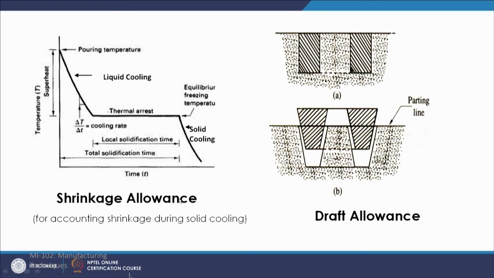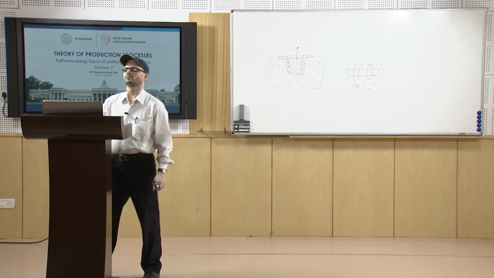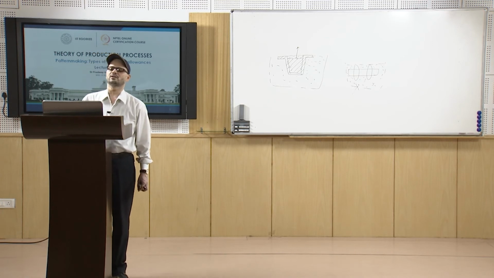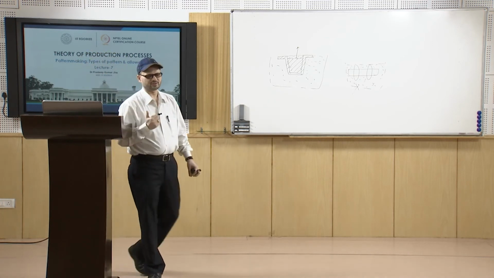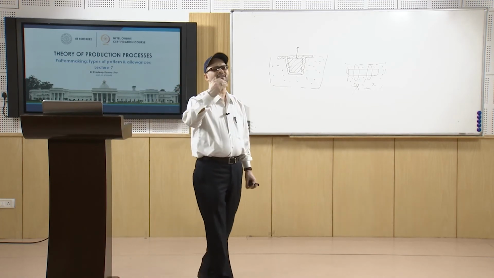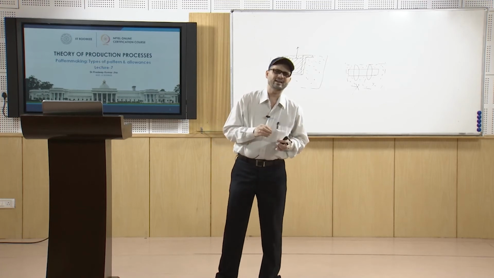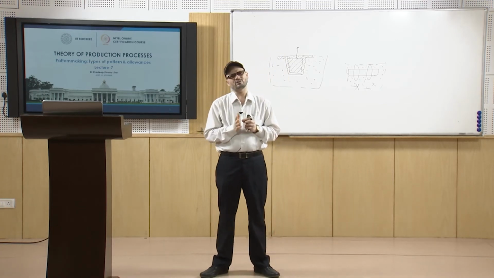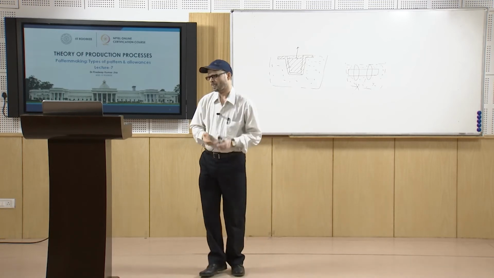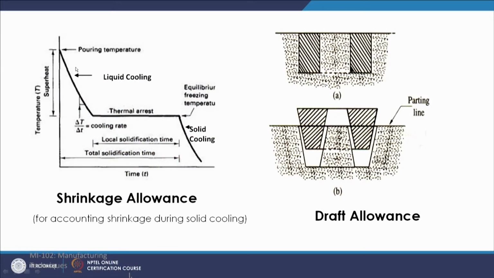In case of alloys, even during solidification there is a temperature drop, but in the case of pure metals, which is the case here, there is conversion from liquid to solid state, and here again the shrinkage takes place because the liquid is converting to solid. So, that is solidification shrinkage. Similarly, you will have the liquid shrinkage during the liquid cooling.